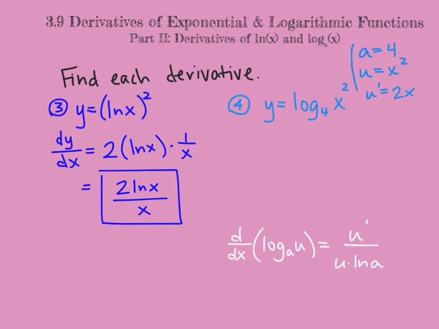So now that we have those 3 things for this problem, we can find the derivative of y with respect to x of this function just using the rule. So it's u prime over u times the natural log of a. Now the natural log of 4 is just a number, but since natural log is so messy, like it's going to be a non-repeating decimal, we can just leave it as ln of 4.